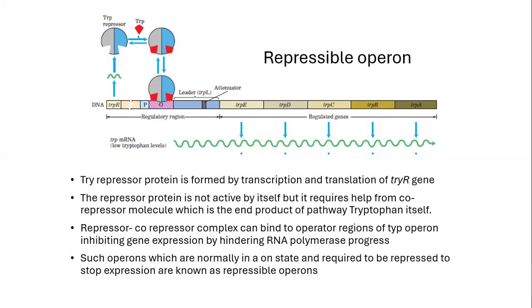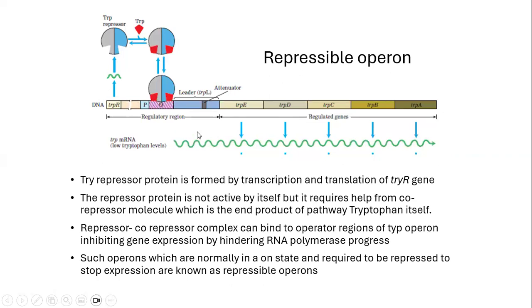So when both are present, they will form an active repressor co-repressor complex, which is now capable of binding to the operator sequence. When the active repressor co-repressor complex is bound at the operator, RNA polymerase that is present at the promoters is unable to proceed, and hence transcription of the downstream genes will not take place.